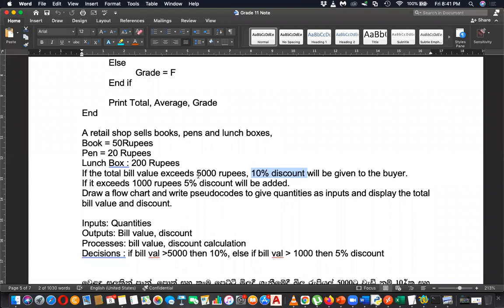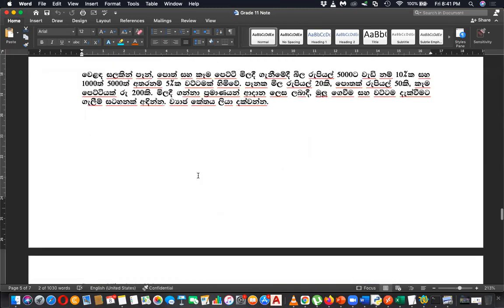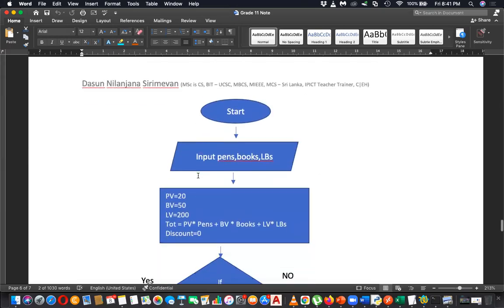And if it exceeds 1,000 rupees, the second decision is a 5% discount. Likewise, you have 2 decisions to be made, so you have to use the decision symbol when you are planning this.